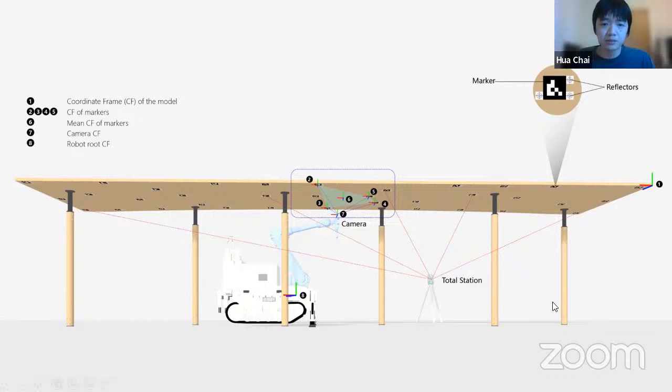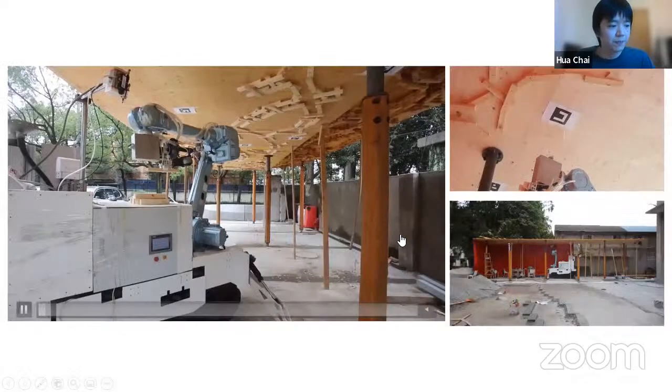We use the total station to calibrate all the markers. During the fabrication, once the robot is moved, it will calibrate the nearby markers with the Intel RealSense camera to locate the robot in the environment.